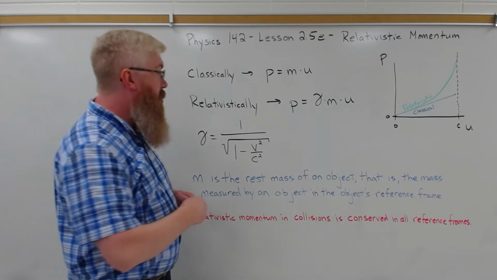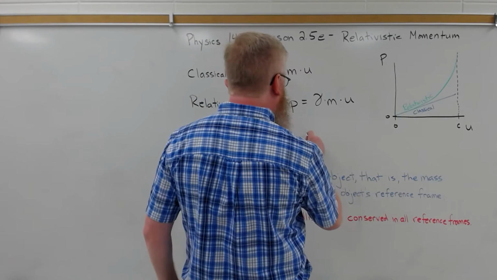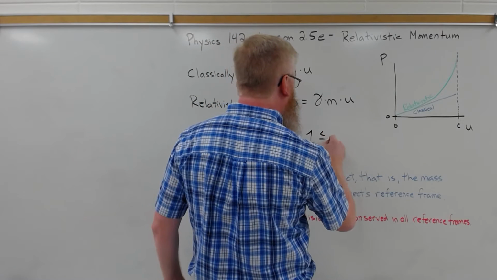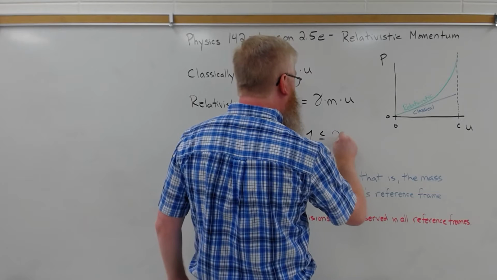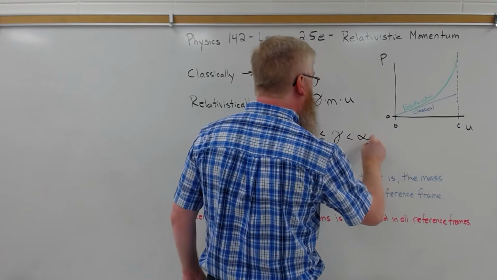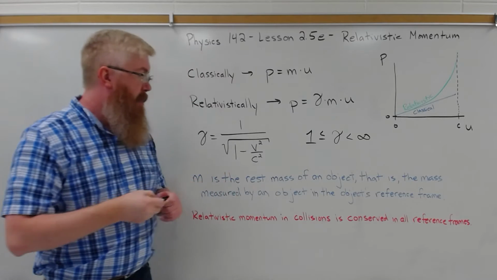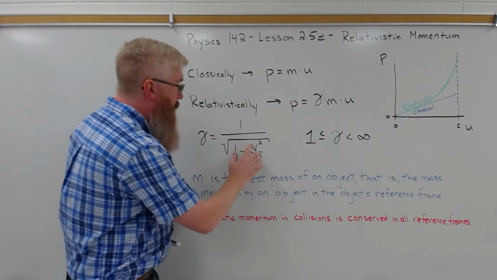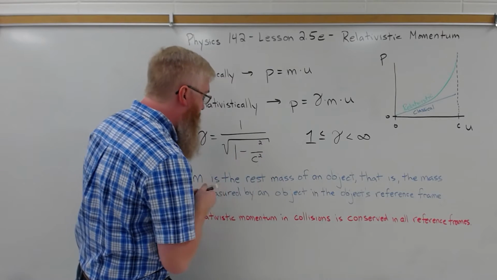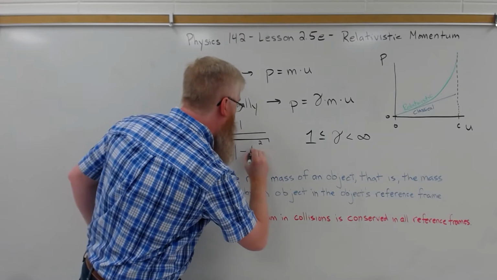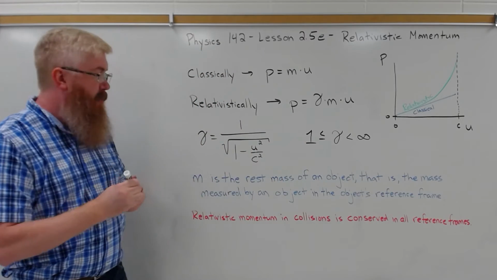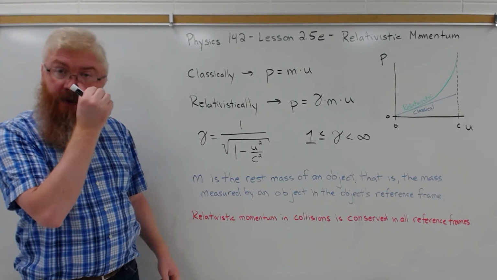Gamma can be as little as 1, but it has to be greater than or equal to 1 and less than infinity, depending on the speed. Actually, this isn't v, my apologies, this would be u, because we're measuring the speed as u in those other equations.